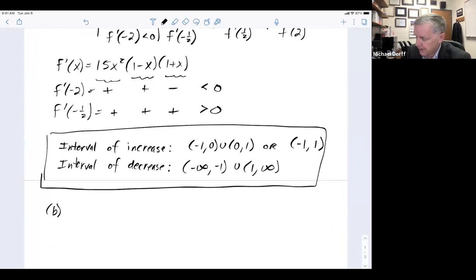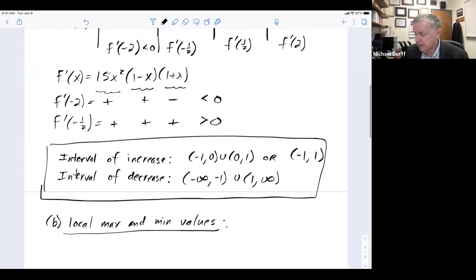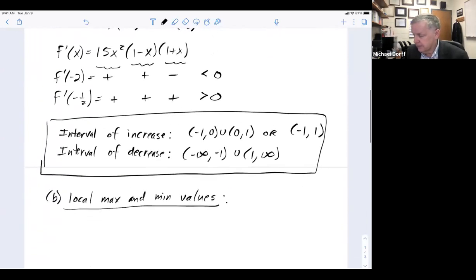Part B, we're supposed to find local max and min values. What I would do for this one is I would just look at my intervals of increasing and decreasing.